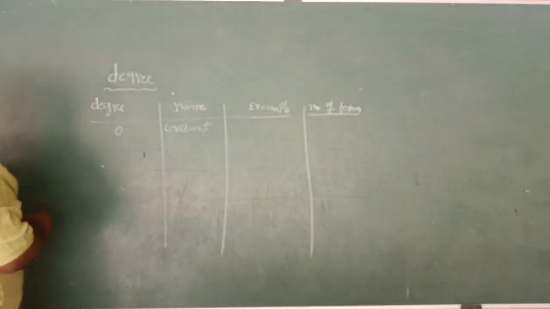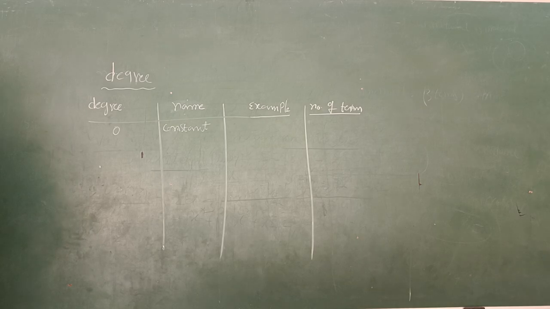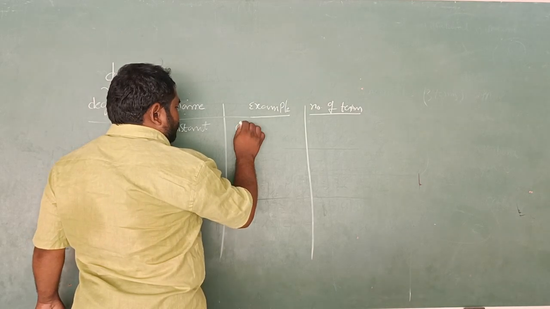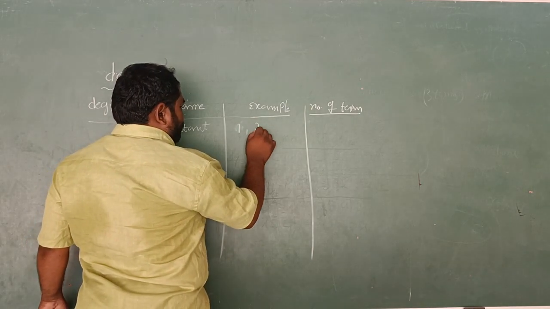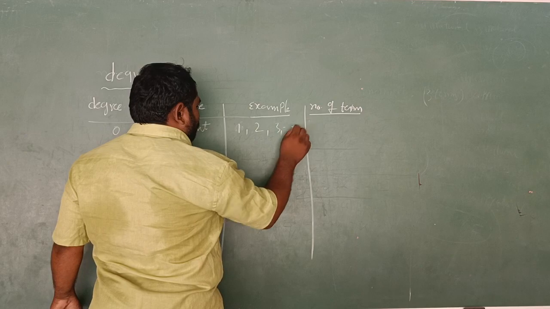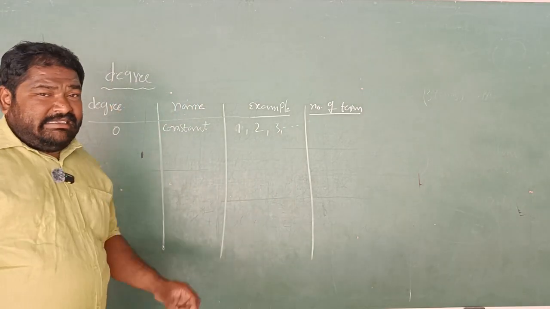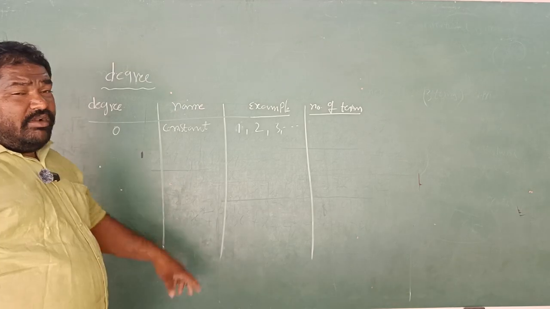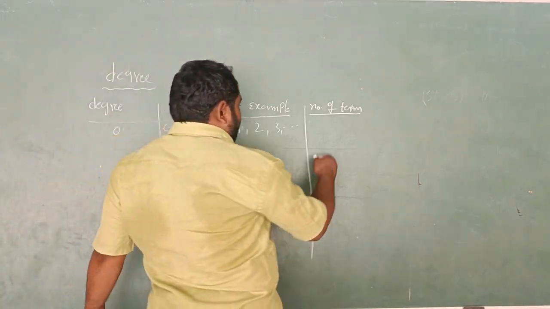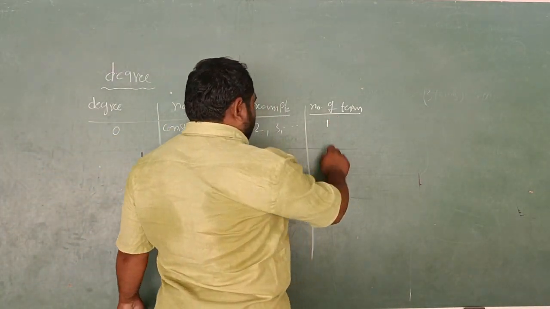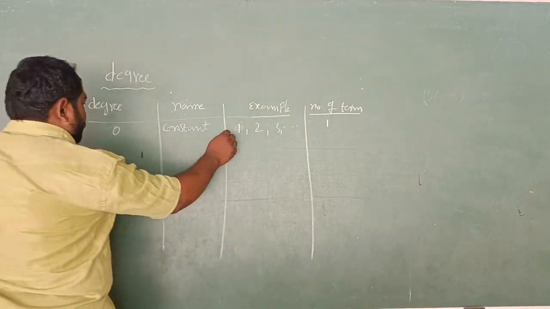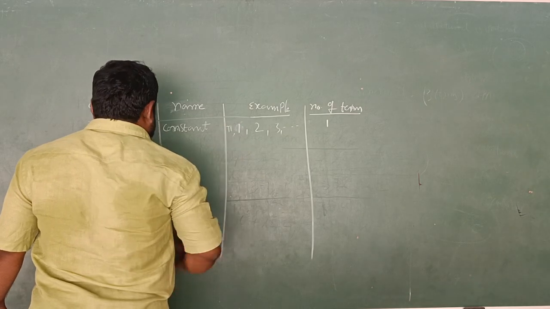Examples are 1, 2, 3 and so on. Whatever it may be, a single number is given. That type of polynomial is a constant polynomial. Number of terms is 1, only a single term. Pi is also a constant.